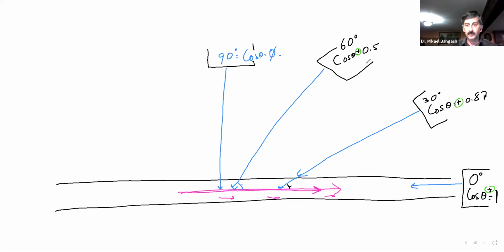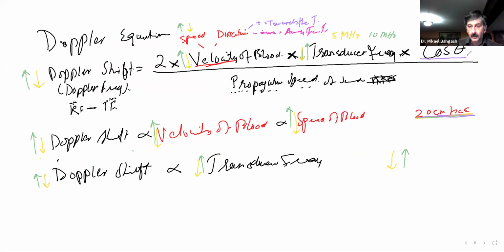Each of these angles has its own cosine theta value, and it's these cosine theta values that we will end up putting in these equations here. As I said earlier, you're not going to be asked to calculate your Doppler shifts using this equation, but the relationships are important.